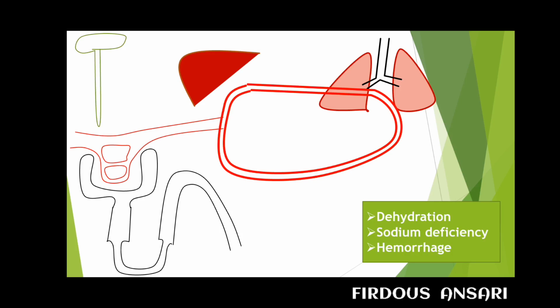The speciality of these afferent arterioles is that the vascular smooth muscle contains specialized cells which are baroreceptors. These baroreceptor cells can sense the blood pressure, and whenever the blood pressure or blood volume is reduced, the baroreceptor senses this and gets activated.